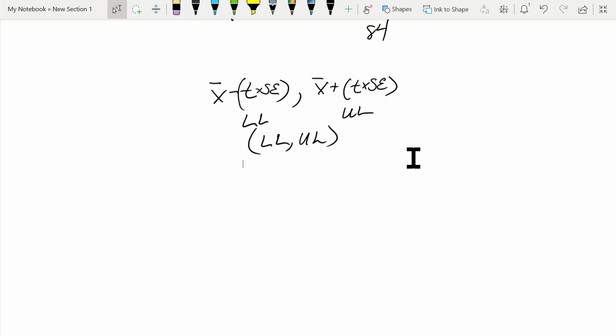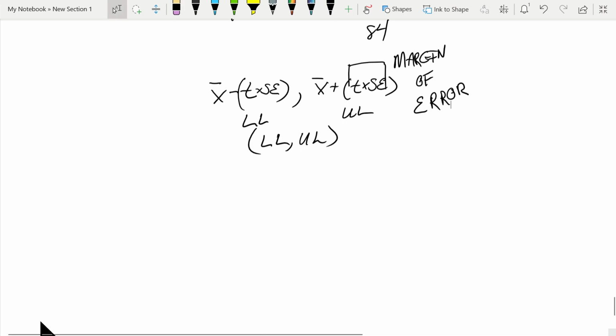This is called, it actually has a name. This is called the margin of error. And it's just how far up and how far down we're going.